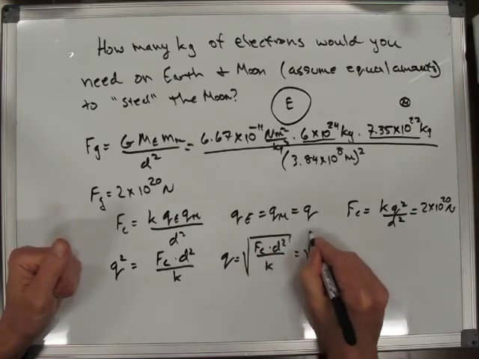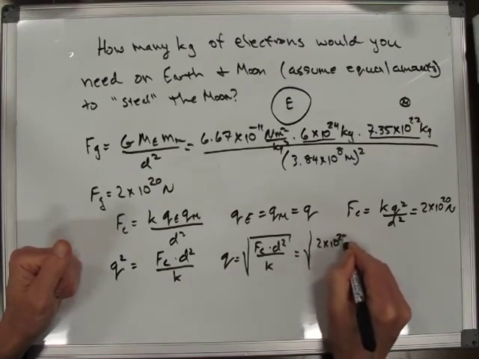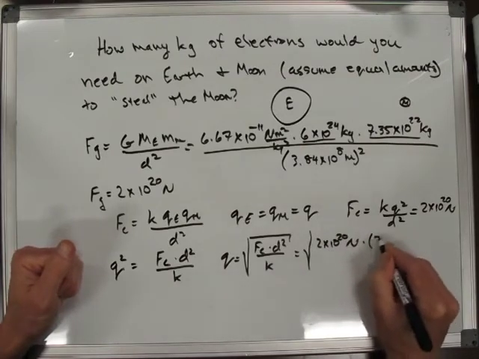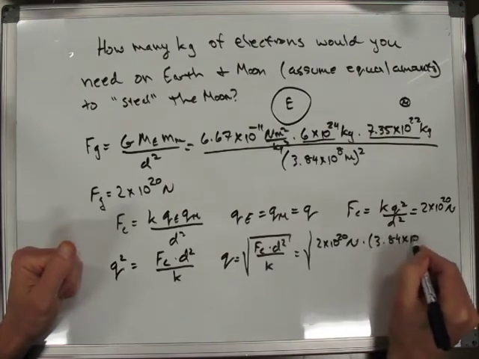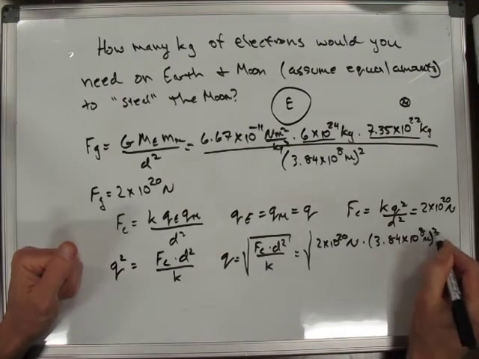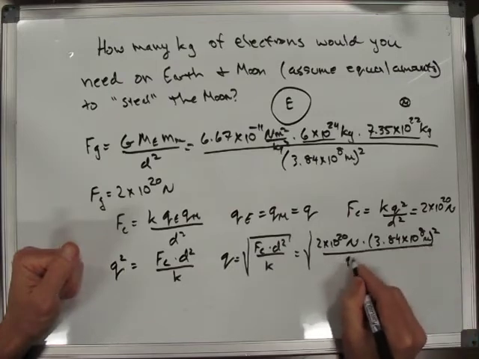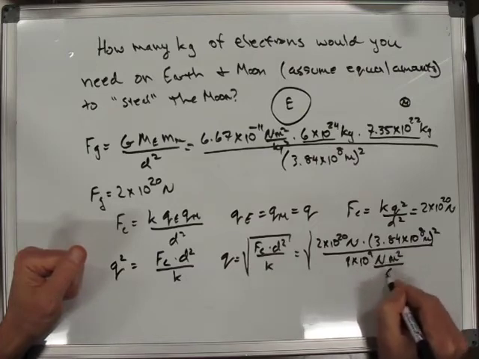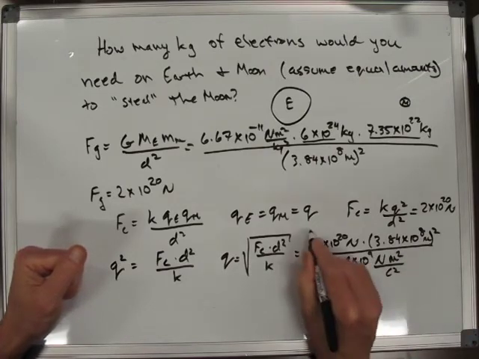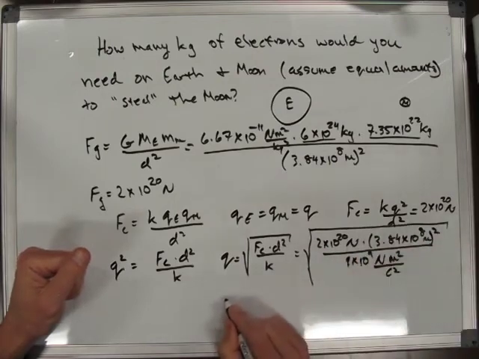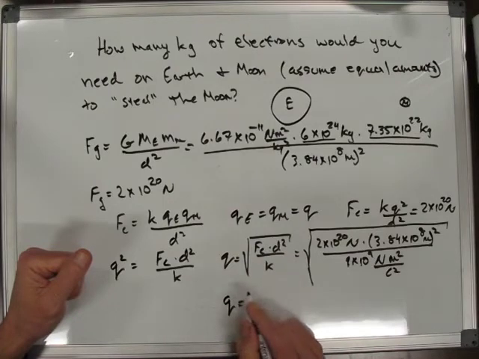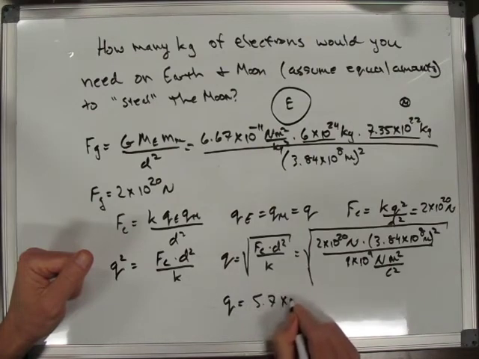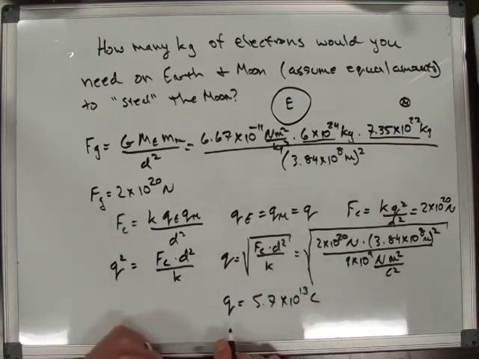This is the square root of 2 times 10 to the 20th newtons times 3.84 times 10 to the 8th meters squared over 9 times 10 to the 9th newton meter squared per coulomb squared. Make sure my radical goes all the way down. What I get for this is about 5.7 times 10 to the 13th coulombs.